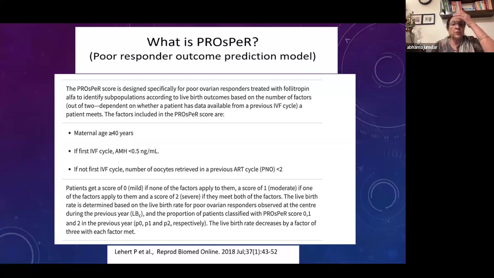And according to this PROSPER score prediction model, we look at this and then we know which of the patients will be poor responders when we treat them with only FSH, or whether we need to add something more.